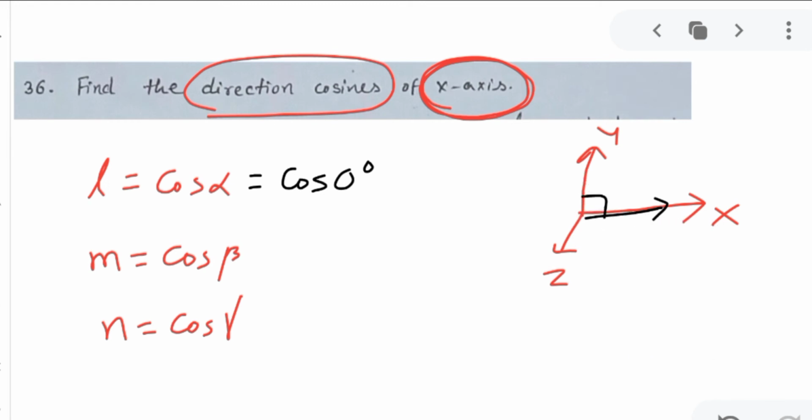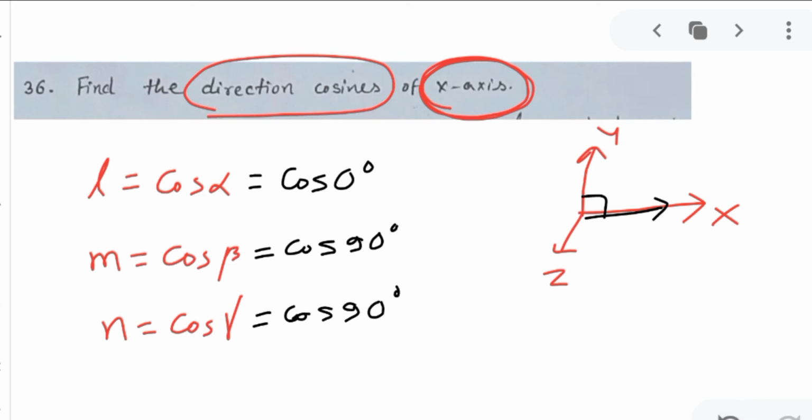So beta will be 90 degree. The x-axis angle with the z-axis is also 90 degree, so gamma will also be 90 degree. So this will be our direction cosine. I hope you understood. Correct?